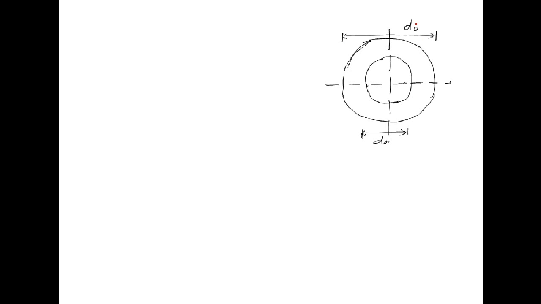This is the outer diameter and this is the inner diameter of this circular section. We have two axes, axis XX and axis YY, which are passing through the centroid G. Now the moment of inertia of this hollow circular section will be about axis XX and about axis YY.